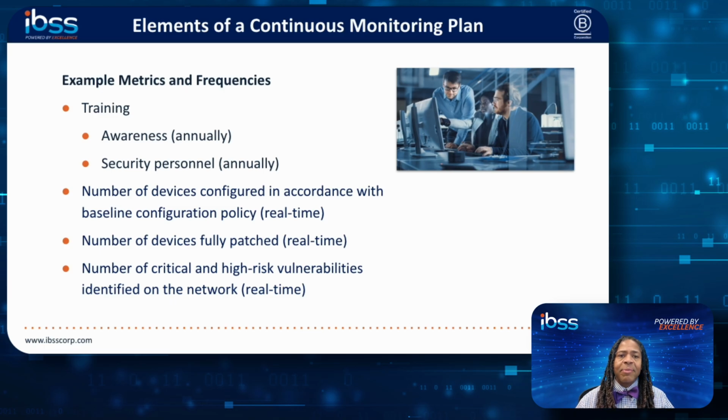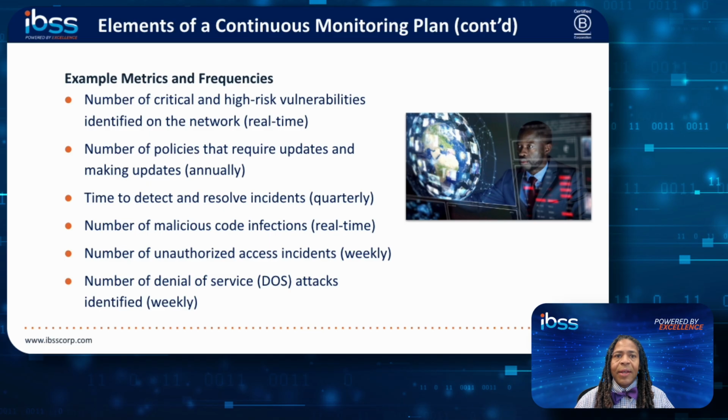So it is very imperative to know the status of any device on the network, or to note that any device is on the network that is operating with a critical or high risk vulnerability. And as you see, I felt so strongly about the critical and high risk vulnerabilities, I repeated it on the next slide. So certainly do make sure that our critical and high risk vulnerabilities are addressed and the patch status is known in real time.